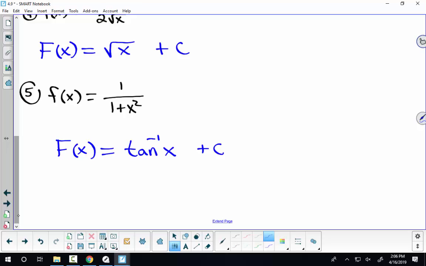If you're going on to Calc 2, that's a really common antiderivative, so you should know that one. I'm going to add one more example as another very common antiderivative in Calc 2.